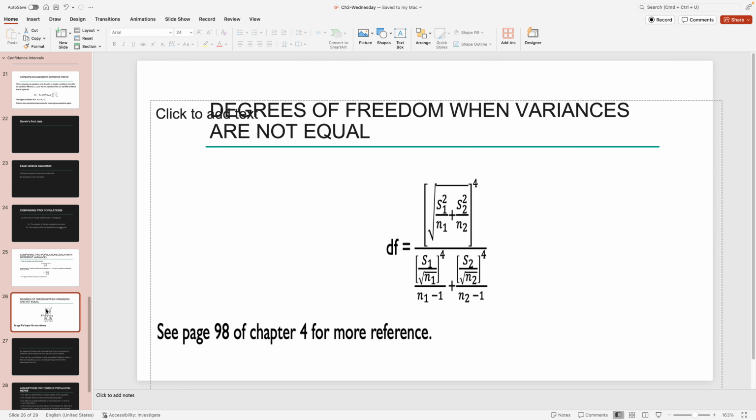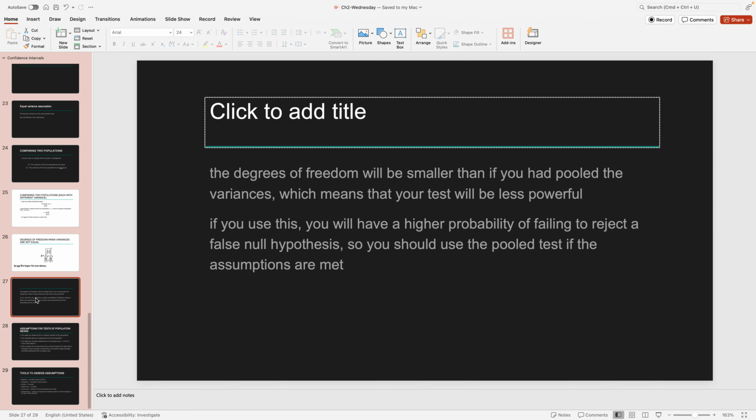One thing to note is that the degrees of freedom will be smaller if you pool the variances, which means that your test will be less powerful. So I think that this is switched. The degrees of freedom will be smaller if you had not pooled the variances.